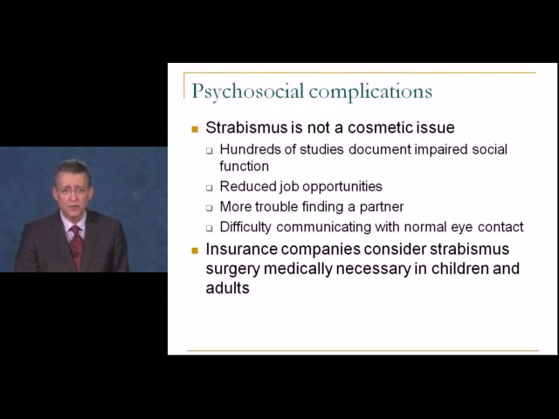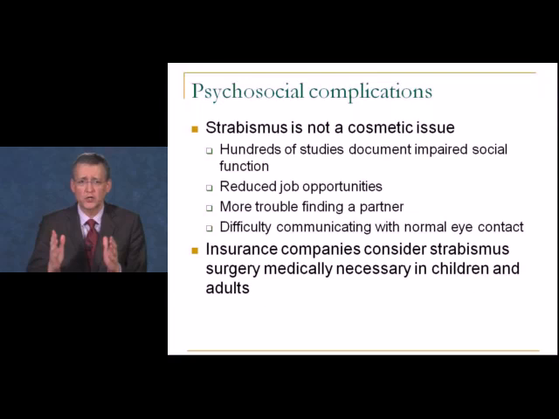And then let's not forget about the psychosocial complications of strabismus. Now, in young children, there's less fuss about it because we all know we're trying to also preserve their binocular vision. But in older kids, teenagers, young adults, older adults, there are hundreds of studies that document social function is impaired when people have strabismus.